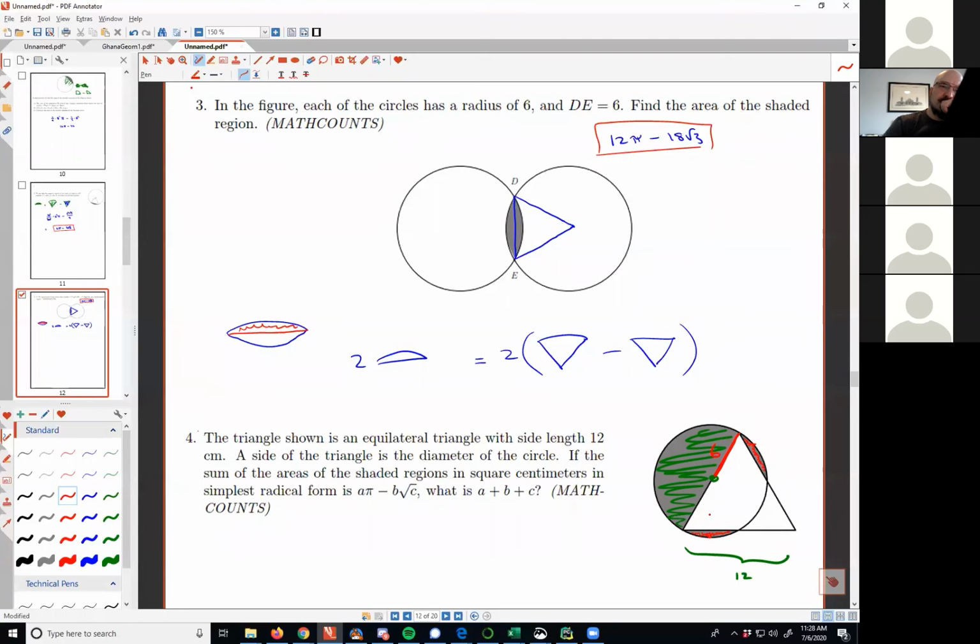And if we join from the center down, we can make an equilateral triangle. Perhaps. Do we need to do that? So we could find the area of the segment.